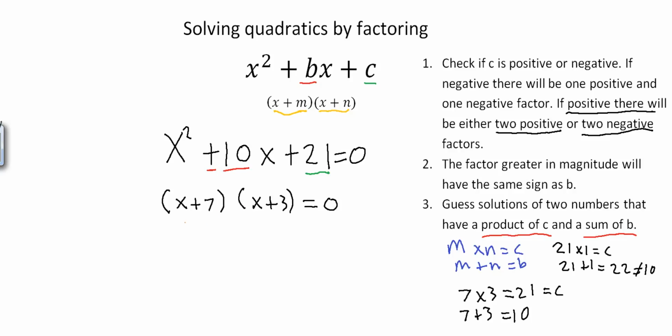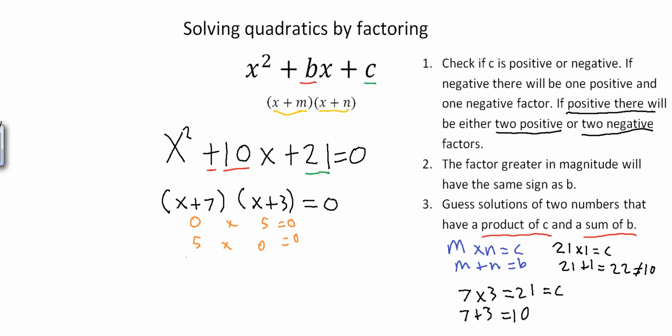Because if this factor is 0, and this factor is anything, it could be 5 or something, 0 times 5 equals 0, and the equation works. Or if this factor is 5, and the other factor is 0, it still equals 0. So knowing that, we need to set one of our factors equal to 0.